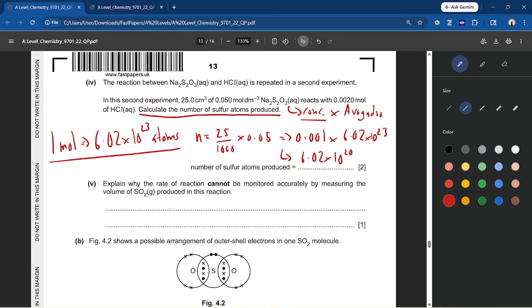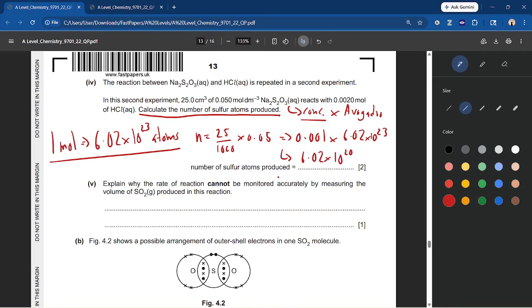Let me recheck, make sure that I'm not writing anything wrong. 25 into 1000 into 0.05, 0.001, yeah. This into 6.02 into 10 to the power 23. So 0.001, 6.02 into 10 to the power 20. Hopefully you guys were able to solve that.